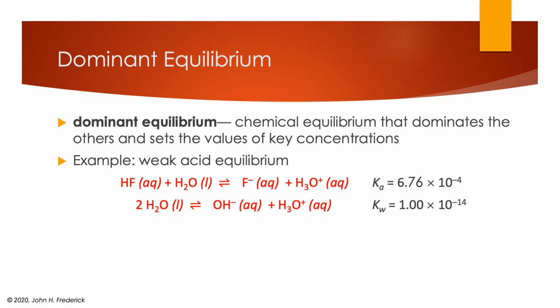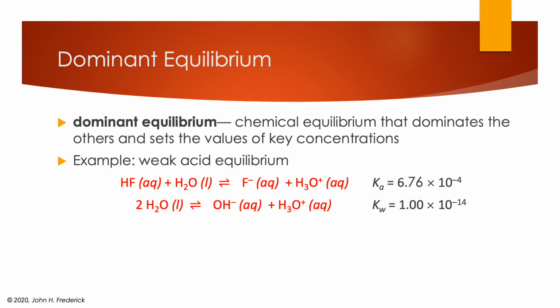Now, this is only going to be true if we have a sufficiently large concentration of HF to begin with. If we had a vanishingly small concentration of HF, it probably would not affect the water autoionization very much. But let's assume that we have an appreciable concentration of HF to begin with.